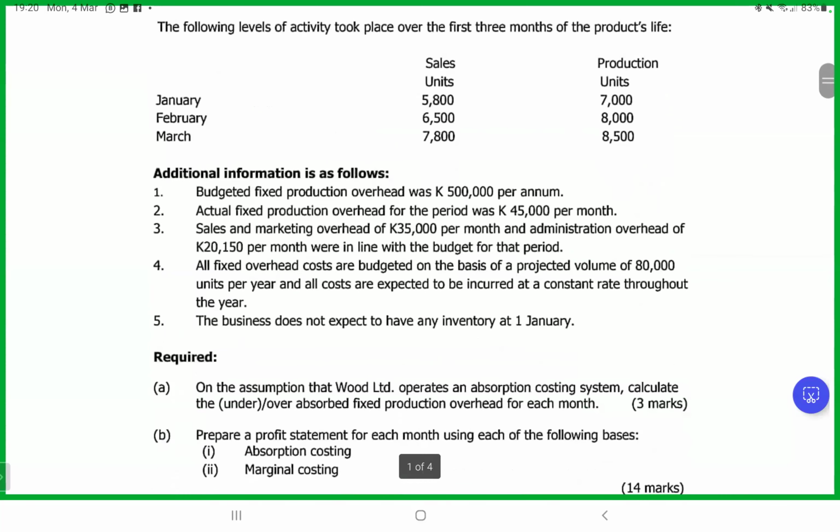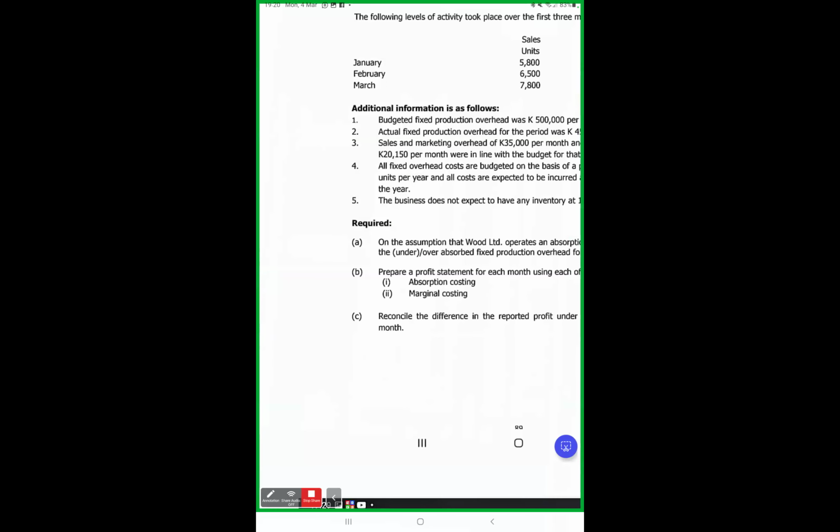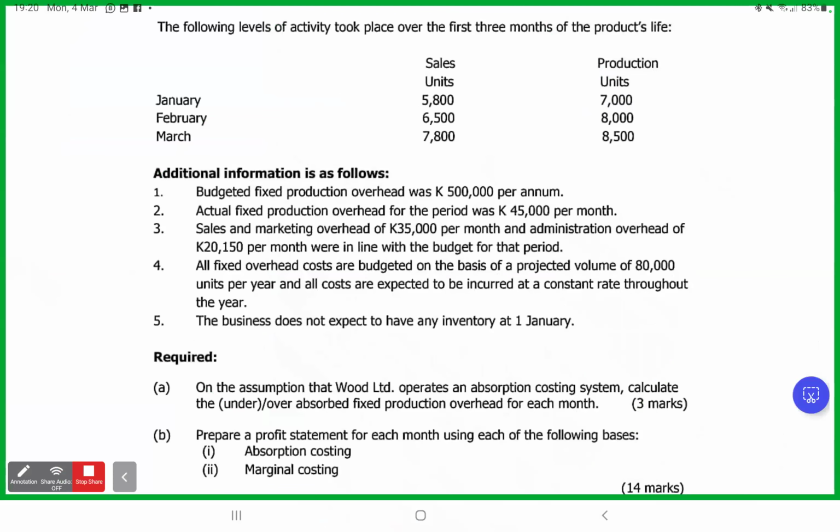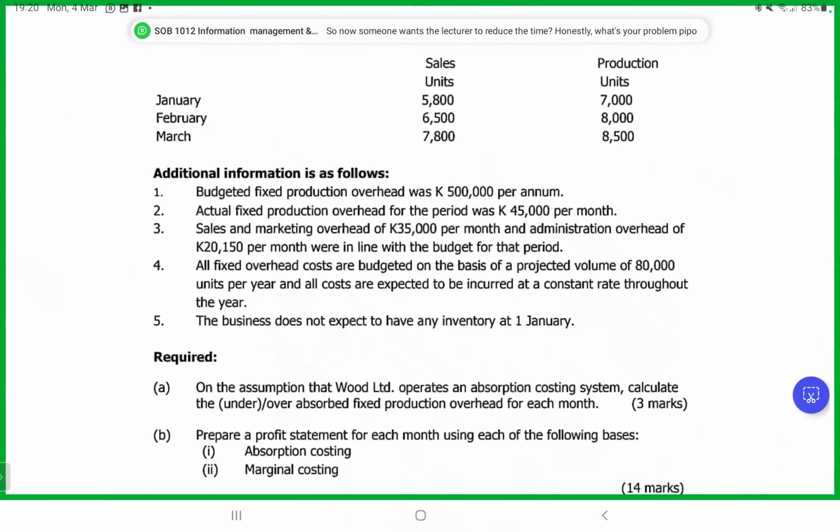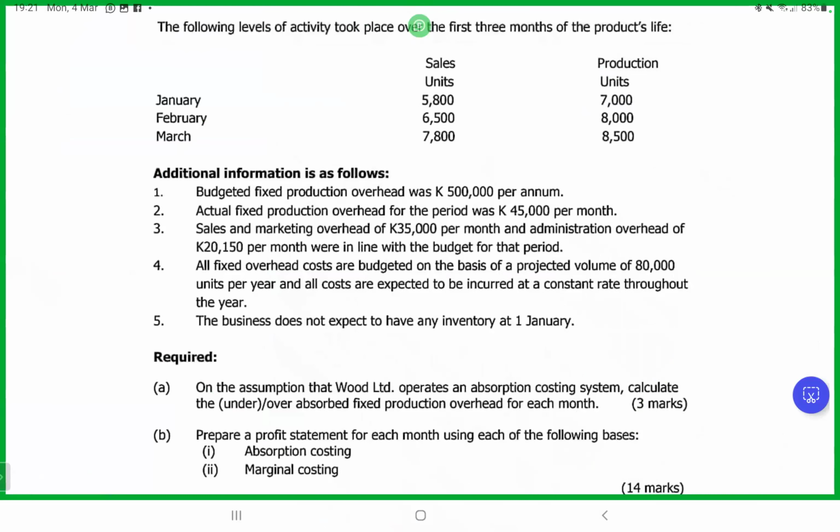So given the additional information, the first note says the budgeted fixed production overhead was 500,000 per annum. And then the actual fixed production overhead for the period was 45,000 per month. Then the sales and marketing overhead is 35,000 per month, and the administrative overhead is 20,150 per month.